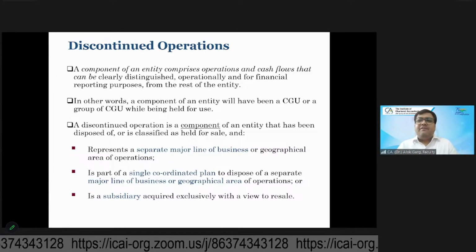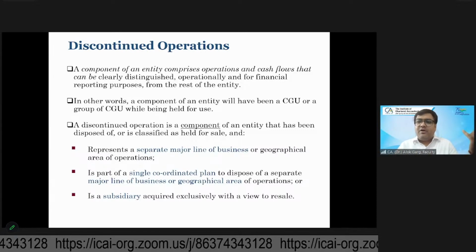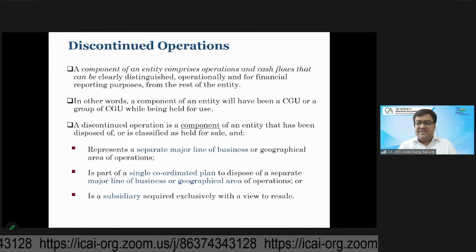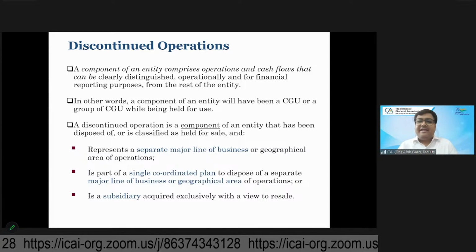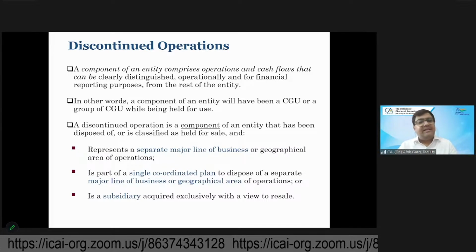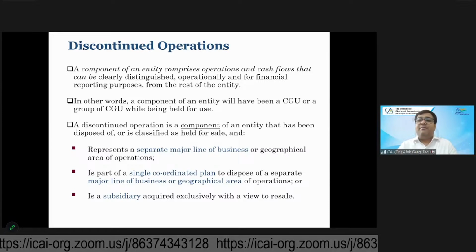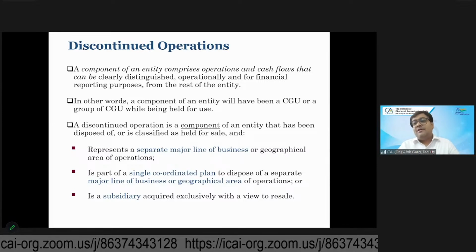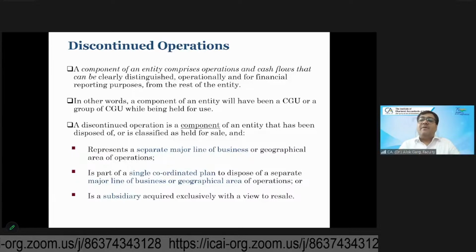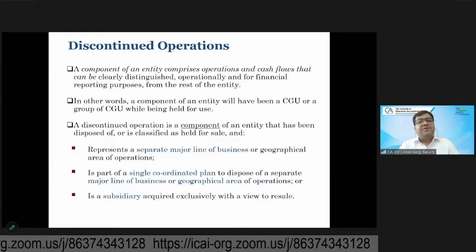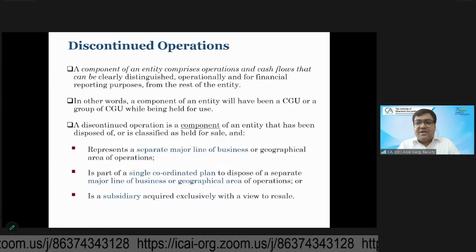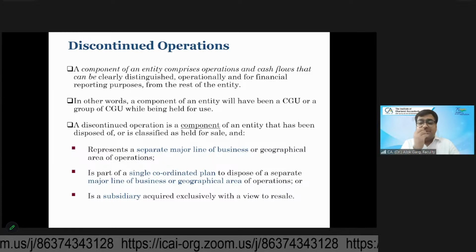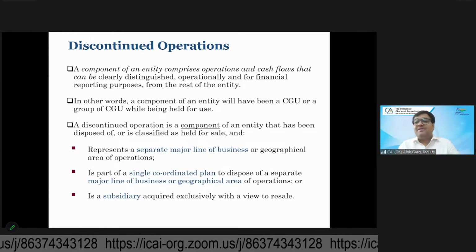So I can identify my operations of Gurgaon and Delhi business. I can distinguish, I can measure, I can evaluate the performances of both the operations separately, correct? So when I decided to shut down my Delhi institute, is shutting down the Delhi business, Delhi operation a discontinued operation? The answer is yes.